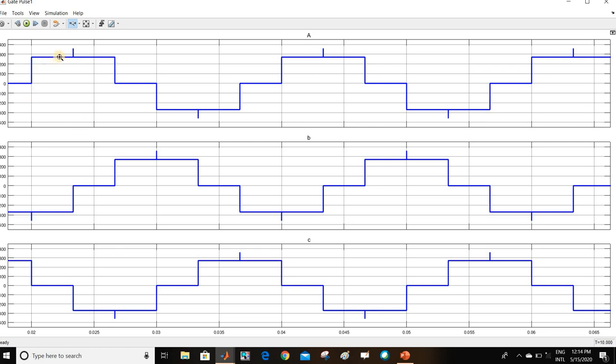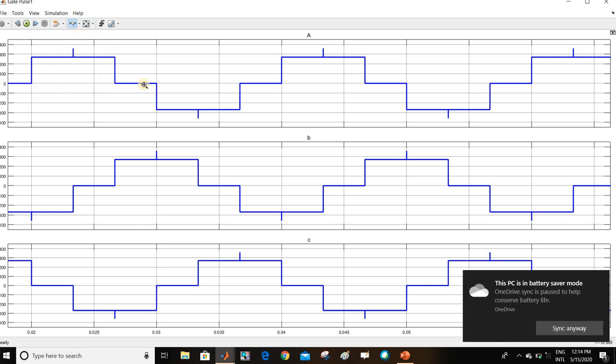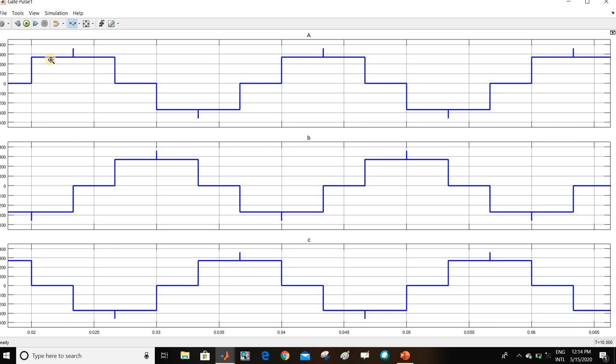That means VAN minus VBN. So what is the value of VBN for 0 to 60 degree? For 0 to 60 degree, the value of VAN is plus VDC by 2. And from 0 to 60 degree, VBN will be minus VDC by 2.